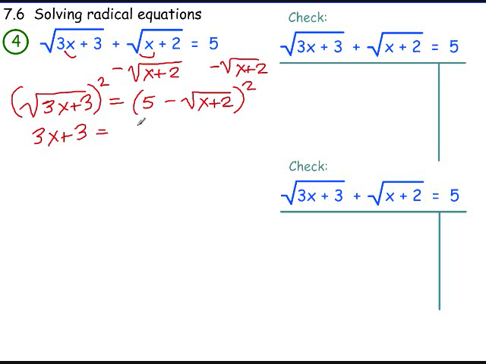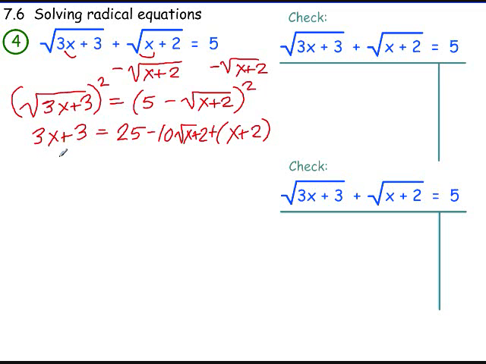I'm going to have 25, and this is going to be x plus 2. That radicand is going to be released, but I'll have a middle term of negative 10 square roots of x plus 2 plus this.